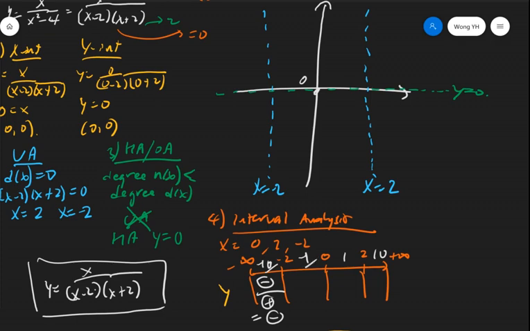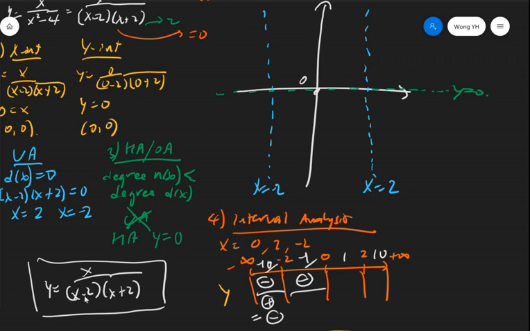Right, the second value minus 1. So on top will be negative. This part will be negative. This part will be positive. So this one will be a negative, and this one will be a positive.